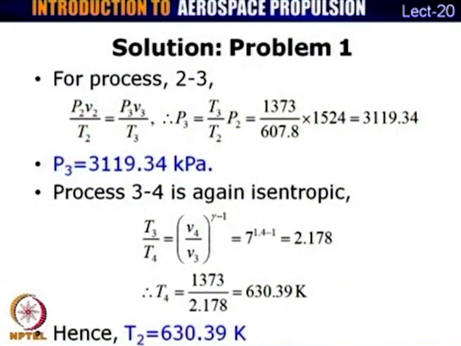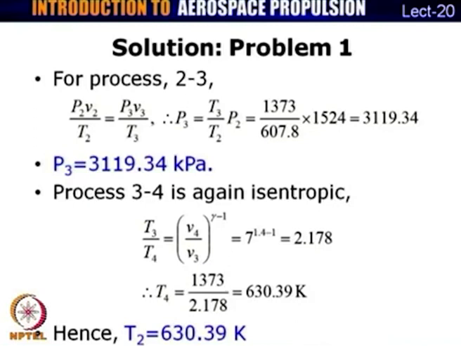So, after solving for state 2, let us move on to process 2-3. Process 2-3, as we know, is a constant volume process. If you apply the ideal gas equation, PV by T is equal to R, to state 2 and state 3, we get P2 V2 by T2 is equal to P3 V3 by T3.